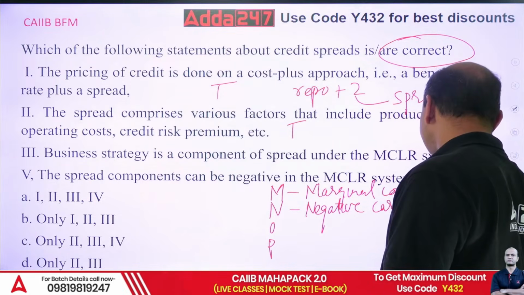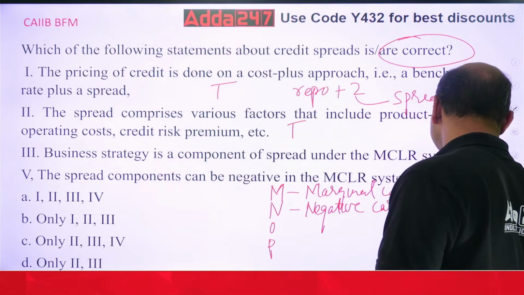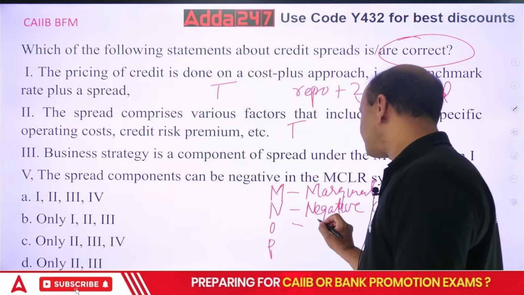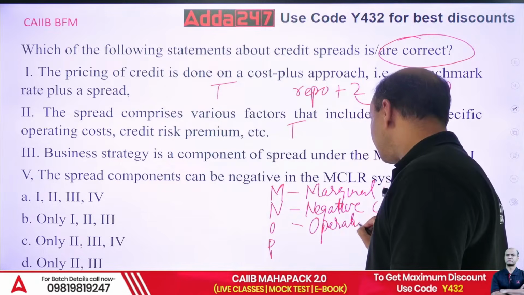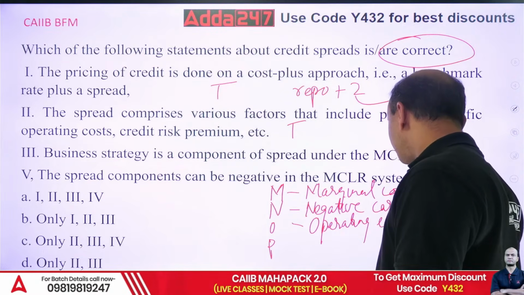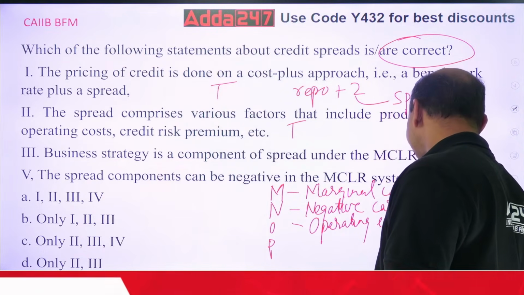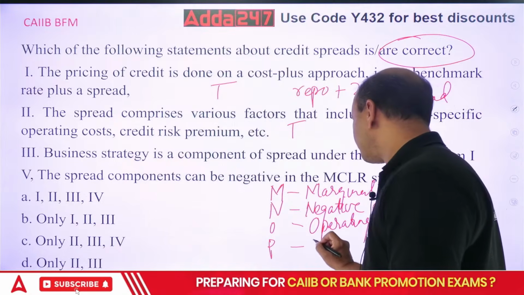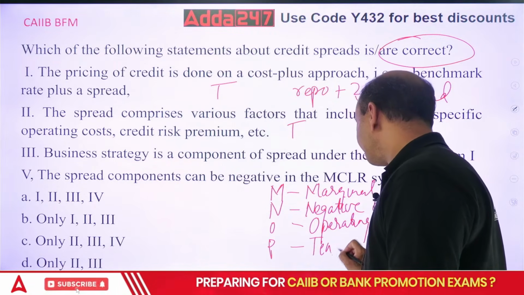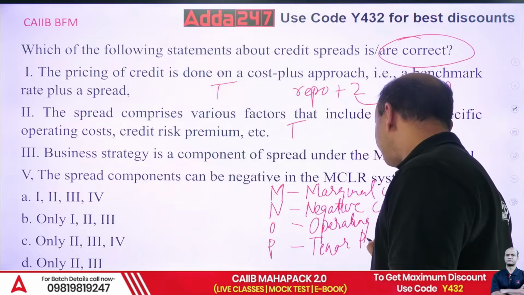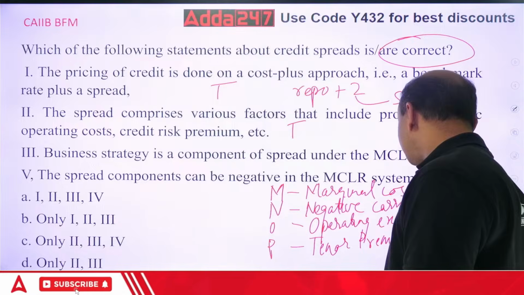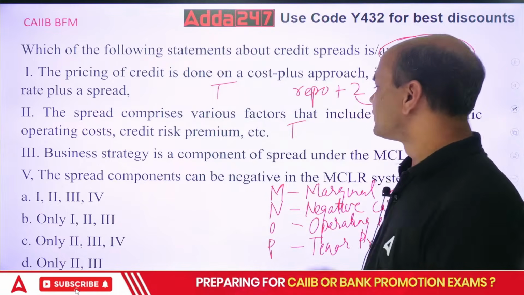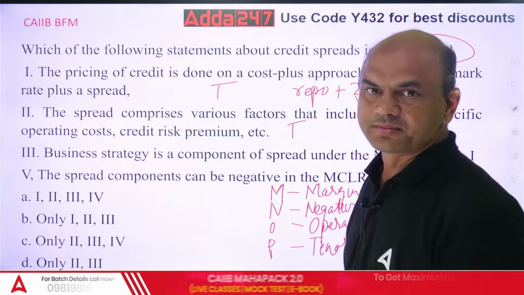O is operating expenses. Operating means your salaries, salary, electricity bill, all these expenses. And P is tenor premium, for longer term loans. Kindly note, tenor premium is always for the longer term loans. So these are the 4 components of MCLR.